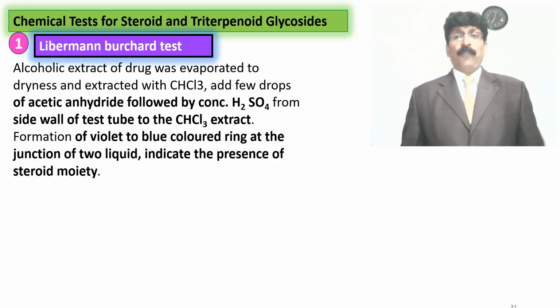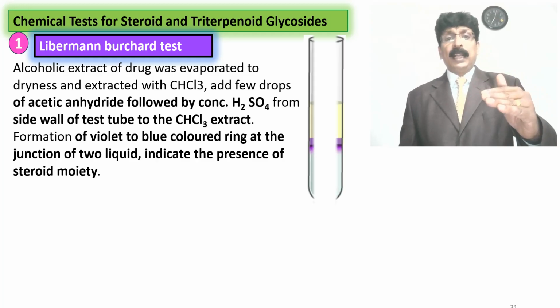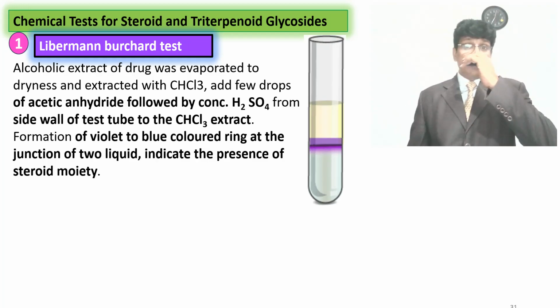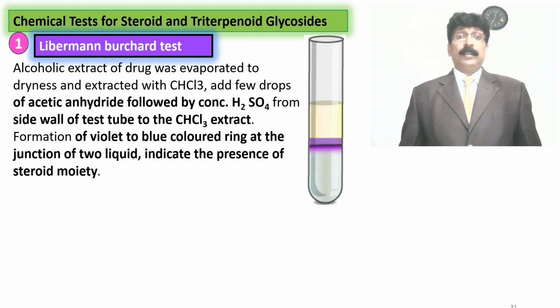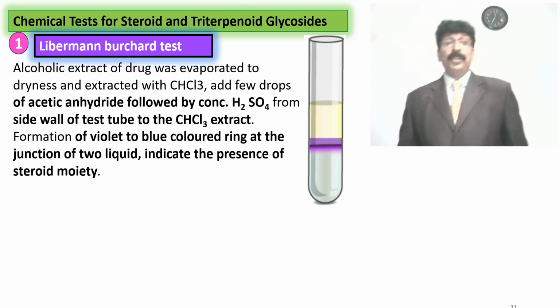Formation of a violet to blue color ring at the junction of the two liquids, non-aqueous and aqueous, as shown in the picture, indicates the presence of a steroid moiety.